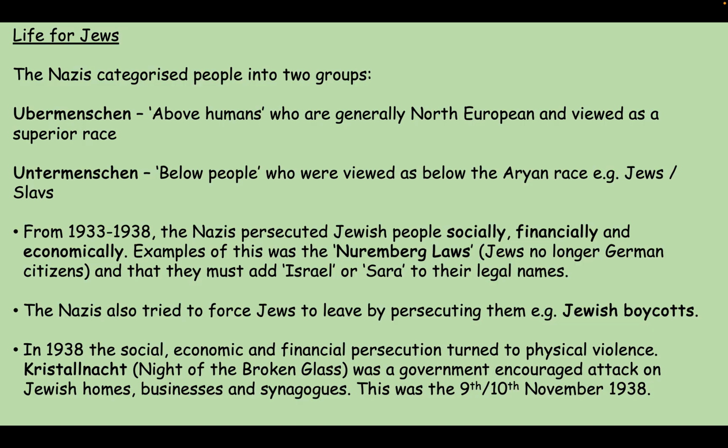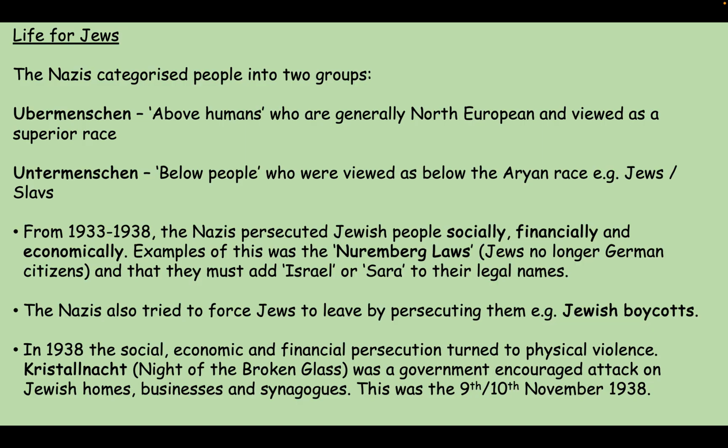Now, increasingly, from 1933 to 1938, the Nazis persecuted Jewish people socially, financially, and economically. For example, in 1935, they passed the Nuremberg Laws, and the Nuremberg Laws mean that Jews are no longer German citizens, and they must add either Israel, if they are male, or Sarah, if they are female, to their legal names.